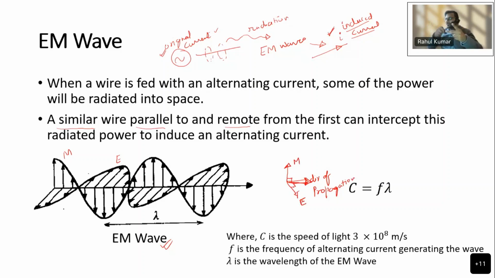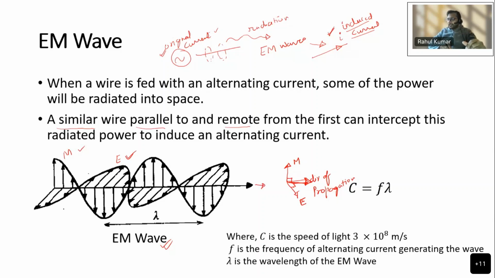All of them will be perpendicular to each other. Now the electric field will be parallel to the wire, and the magnetic field will be at right angle to the wire.